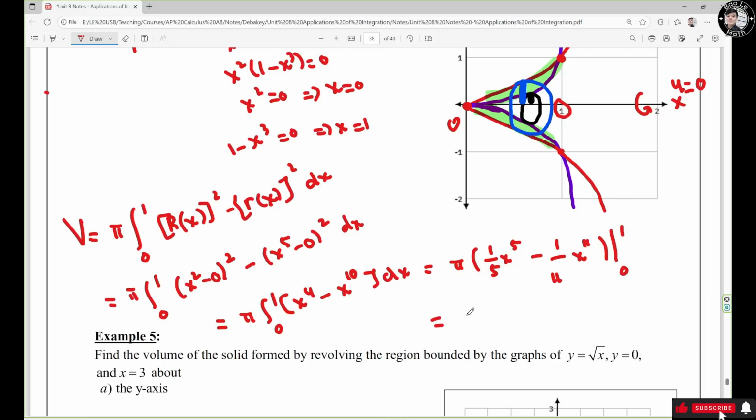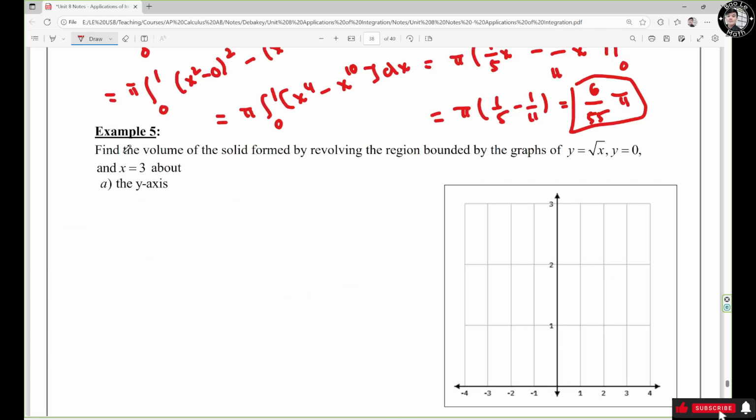So it turns out to be pi times 1/5 minus 1/11, and it turns out to be 6 over 55 pi, right? Now let's move on to example number 5.